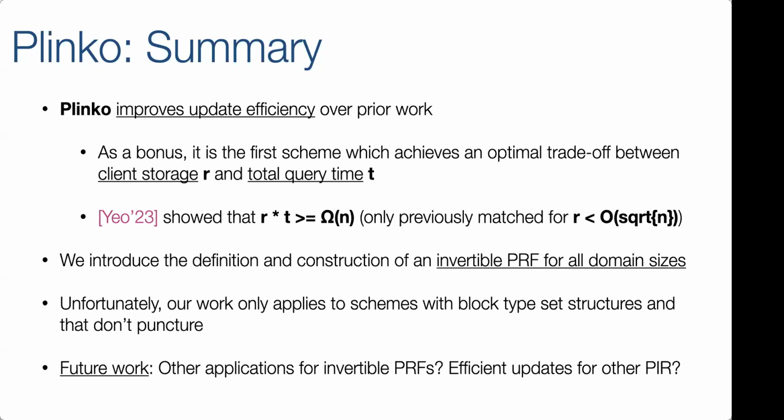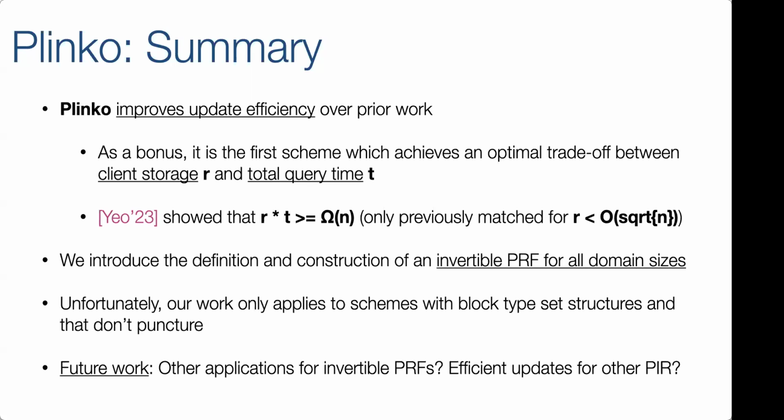If the client has n to the 2/3 hints, then the blocks are going to be n to the 1/3 width. And the client, when they try to find a hint that contains their query, they're going to have to scan through about n to the 2/3 things before they find a hint that contains the element they're interested in. Oh, I see. For large client storage. Precisely. That makes sense. Yeah.